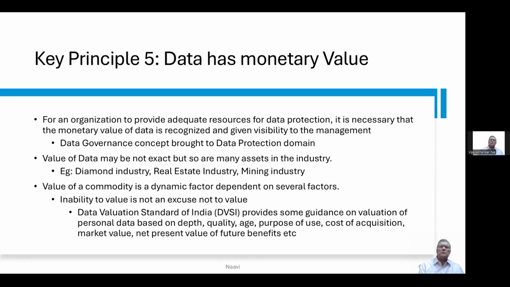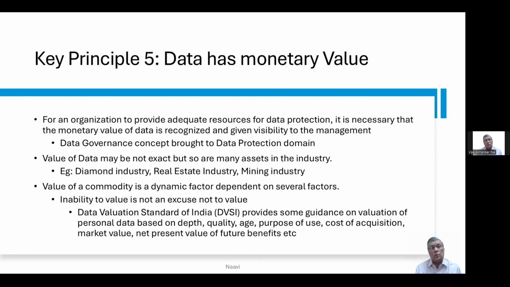Now, the fifth principle is that we should recognize that data has a monetary value, and therefore we know how much of resources we are giving and how the monetary value is changing within the process.